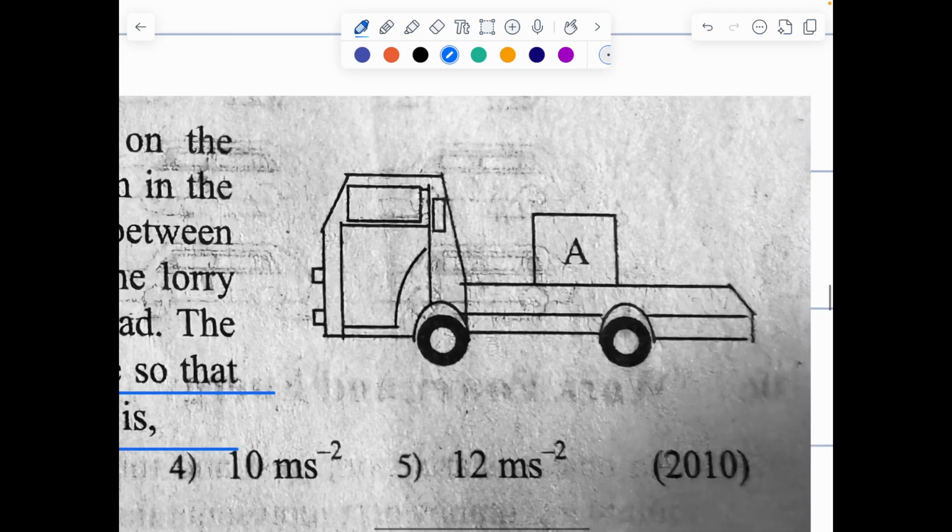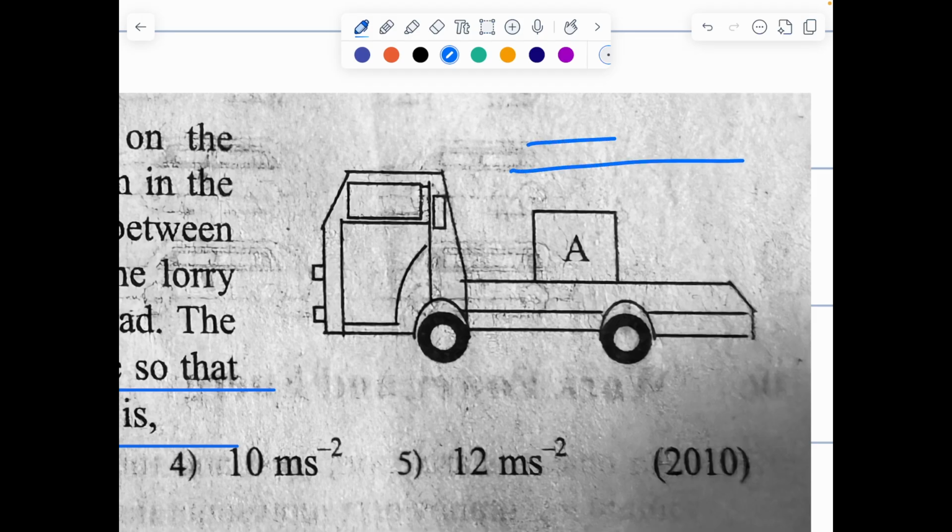So think of this, I will keep a gap between the object A and the floor of the lorry, right? So you can see when the lorry moves forward, there's a tendency for this A to go backwards. When you're on the lorry, you feel like you're being pushed backwards.